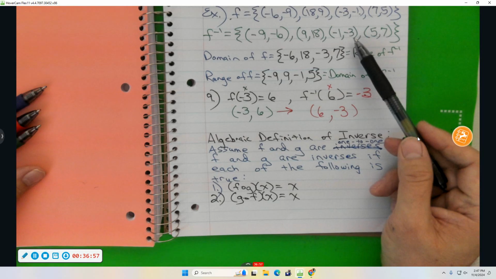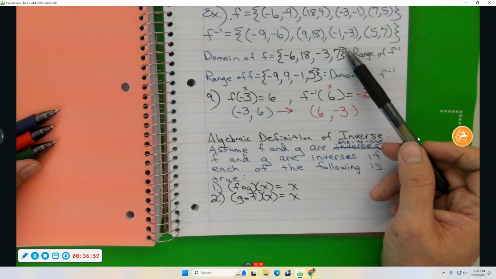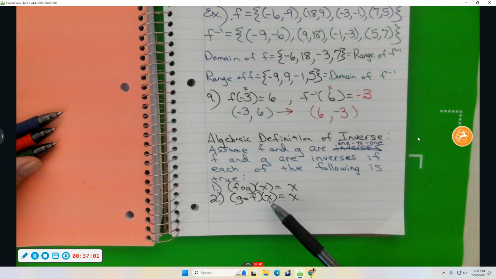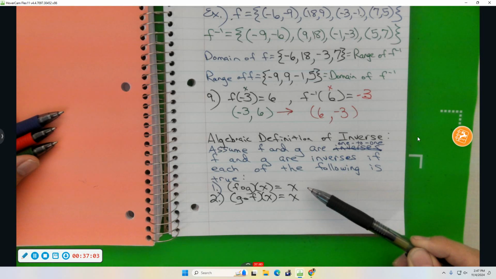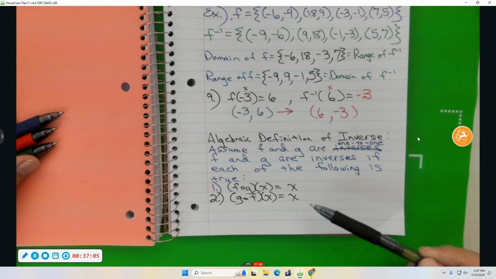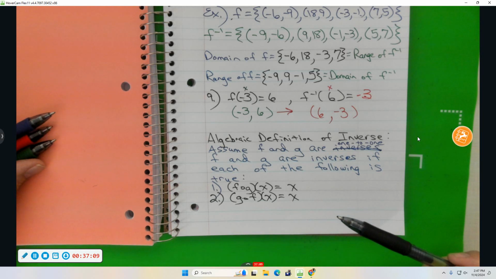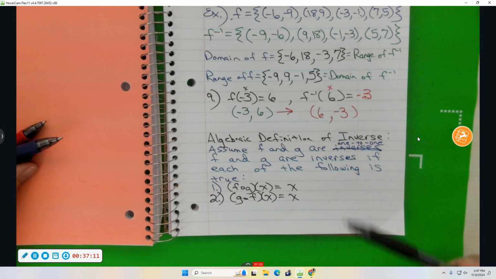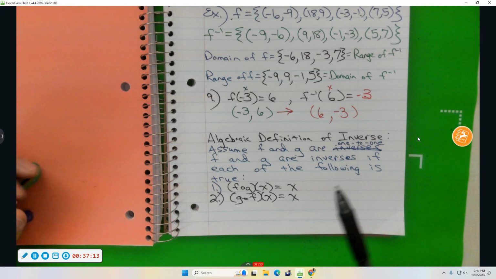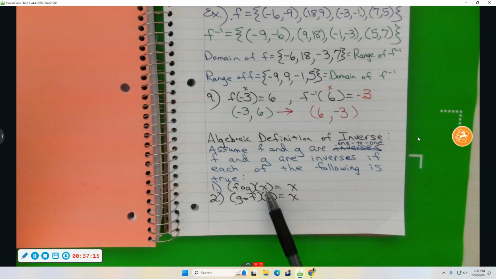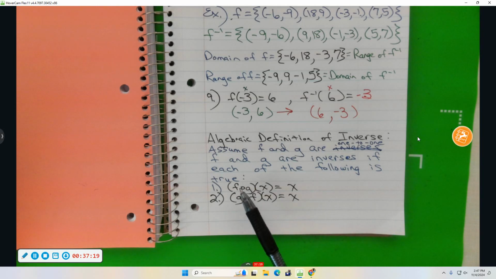If it's an ordered pair, you can look and tell if they're inverses or not. But suppose they're equations. If you find their compositions and they reduce to x in both directions, we say the functions are inverses. If not, then they're not inverses. These things are saying if you start somewhere with an x value and you perform the two functions consecutively, you're going to end up where you start.